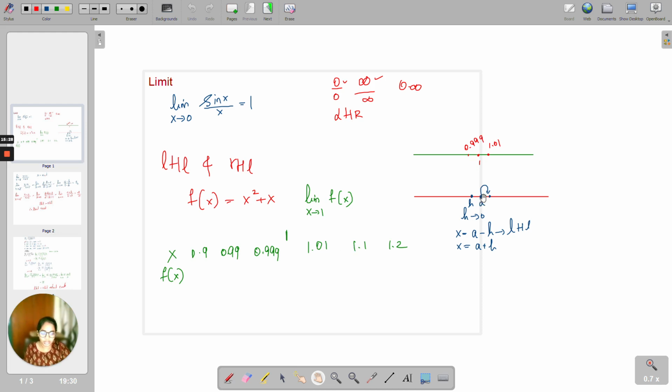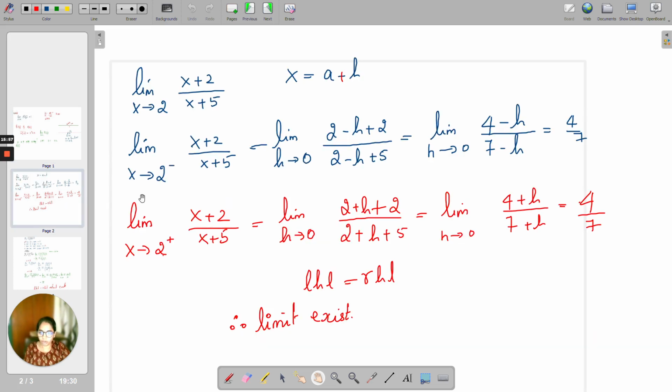Yes, so that left hand side value we took as h. h is basically the nearest value to a. So h is tending to a, but it is not exactly a. So for the LHL, we can replace x with a minus h. Yes, and then the same concept we use for the RHL too. So you can replace x with a plus h.